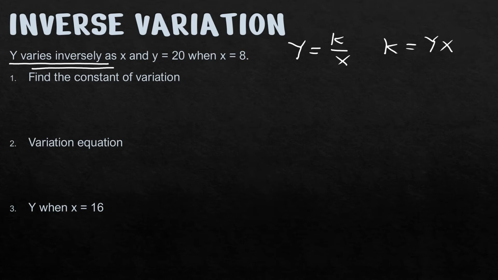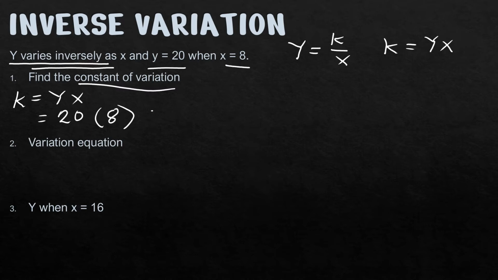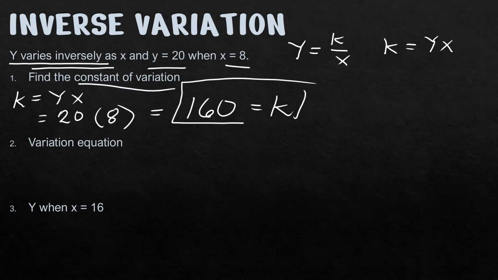The first question is find the constant of the variation. The constant is y times x since it's already inversely. We have y is 20 and our x is 8. So 20 times 8, that is 160. And this is our constant of the variation.